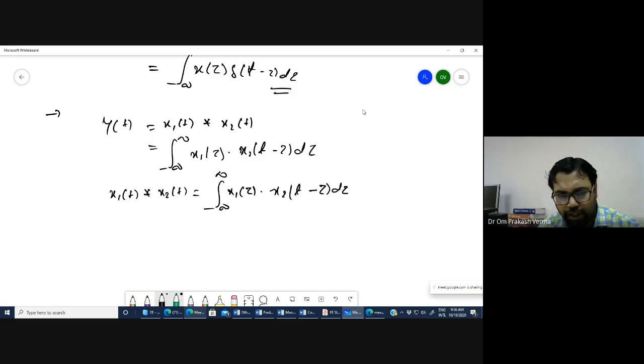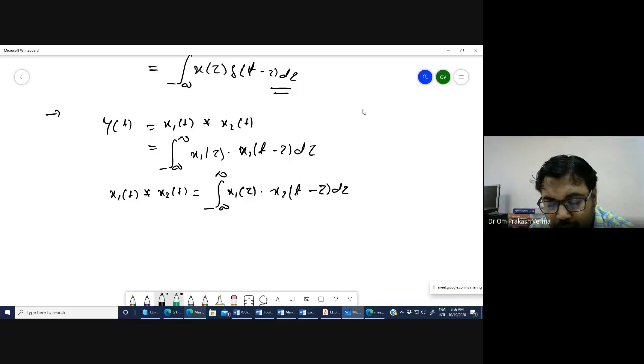So how is it calculated? If you have two functions and you want to calculate the convolution, it is very, very important. If you don't know about the convolution and how the convolution of two functions is computed, you can't understand the Fourier transform comfortably.